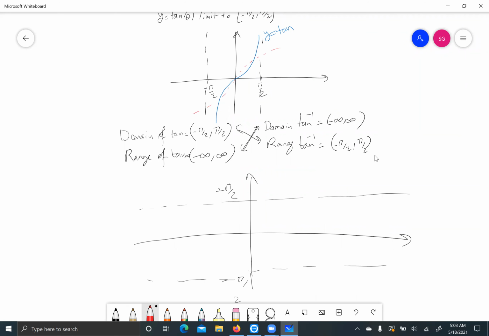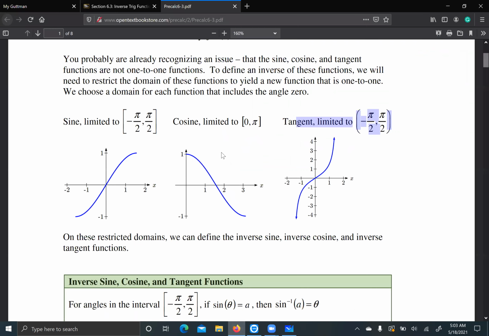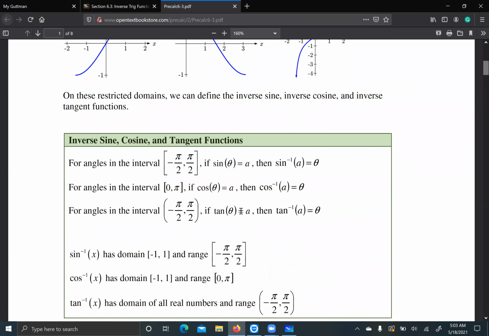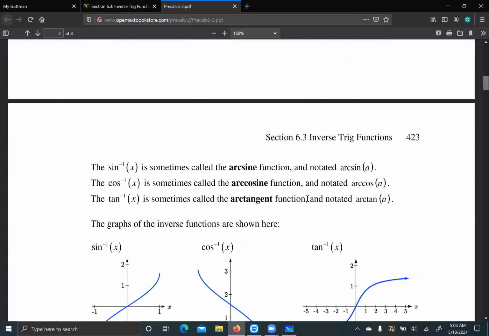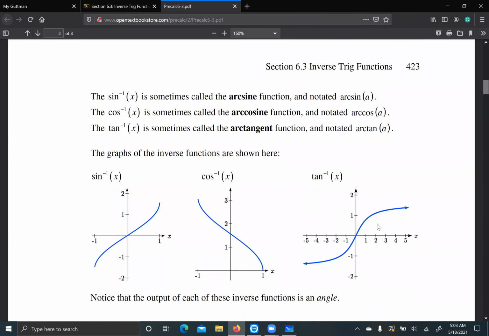So it's going to be like this. So this is the graph of the tangent inverse function, the inverse of the tangent function. So it has two horizontal asymptotes. And so the domain is everything, and the range is between negative pi over 2 and pi over 2. By the way, this is the graph of tangent, and this is the graph of tangent inverse.